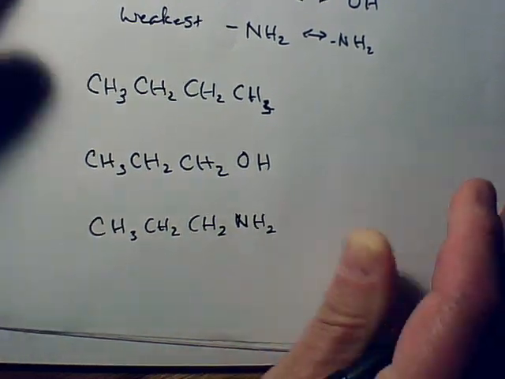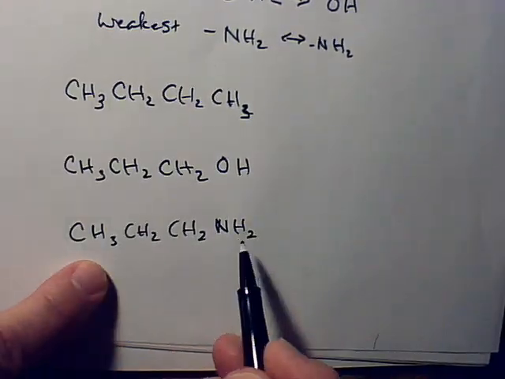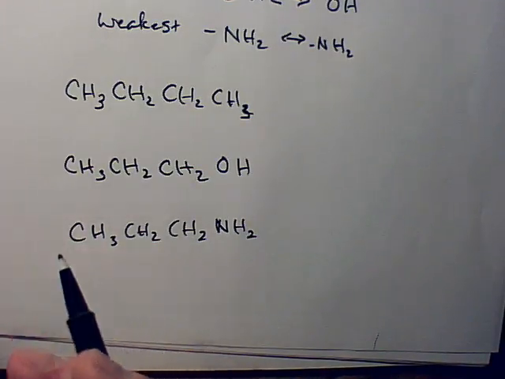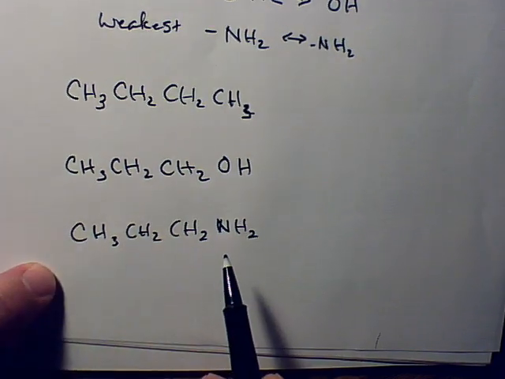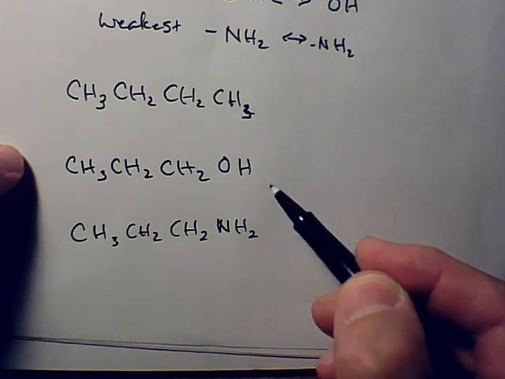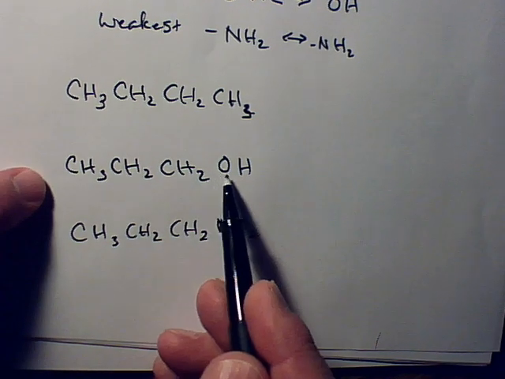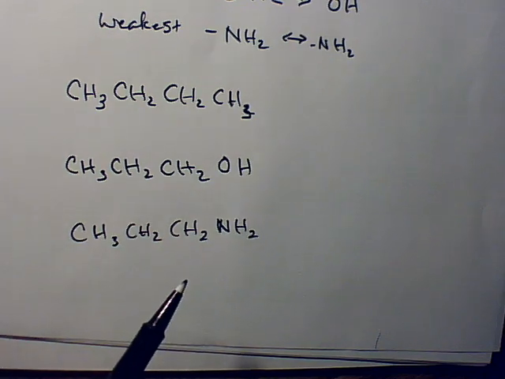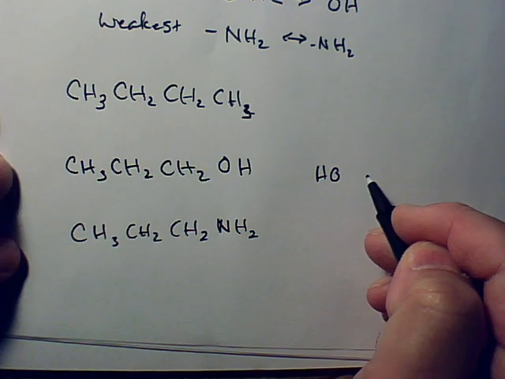So remember, NH2 groupings are the weakest of the hydrogen bonding. If I have this kind of molecule and this is all that's together in this substance, a bunch of these molecules, which of these two has the higher boiling temperature? The OH group, because it's holding together stronger than this one is. What if I had this?